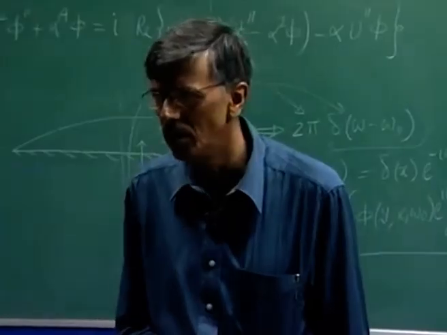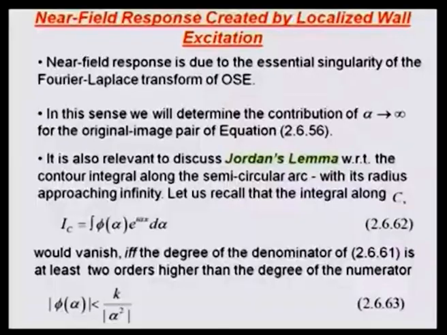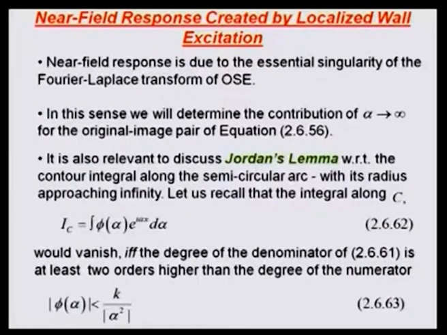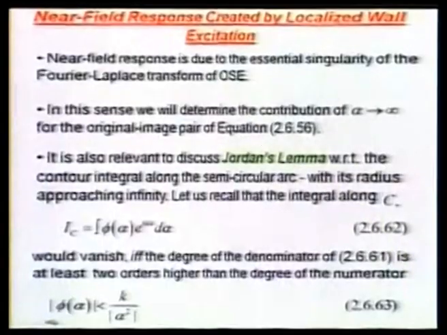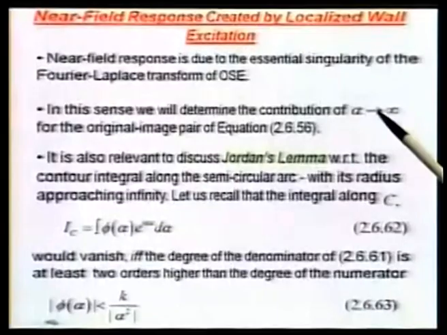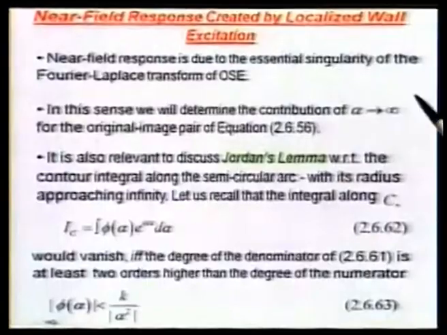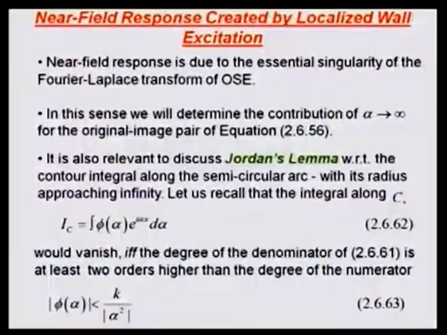Those points are called the essential singularity. So, here also in the alpha plane, alpha going to infinity would be the essential singularity, and I explained to you why it should be so, because they will contribute significantly to your near field response. So, there is a case for obtaining the contribution from the essential singularity alpha equal to infinity.